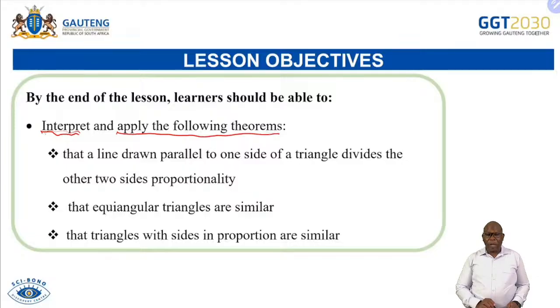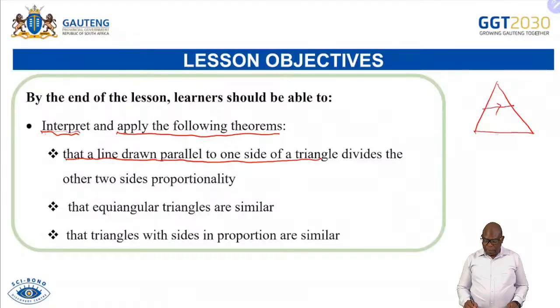The theorem here is that a line drawn parallel to one side of a triangle, which means you'll be having a triangle and there's a line that is drawn parallel to the other side of the triangle, divides the other two sides proportionally. So it will divide this side over there, it will be the same as this side over there. That is all that we need to know for now.